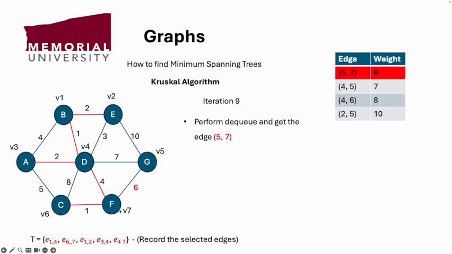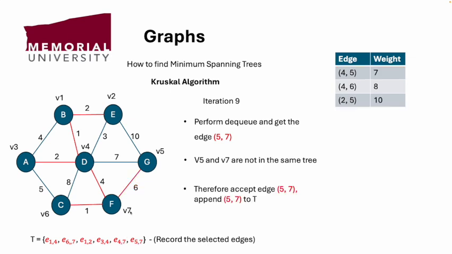V5 and V7, this one. We dequeue the edge 5 and 7. Are V5 and V7 in the same tree? Not the same tree. So we accept the edge V5 and V7 and append this edge into the set T.